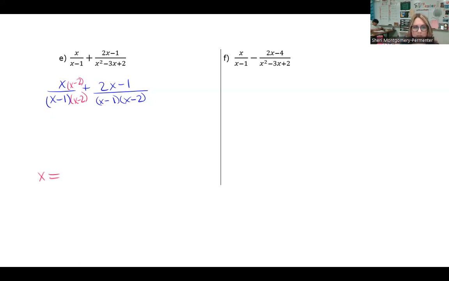X cannot be equal to what and what? Positive 2 and 1, 1 and 2. As I rewrite this, I'm going to distribute. So I get x squared minus 2x all over x minus 1 and x minus 2.